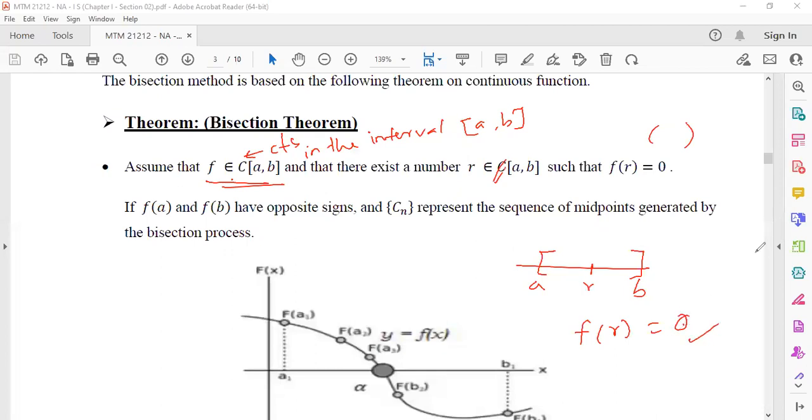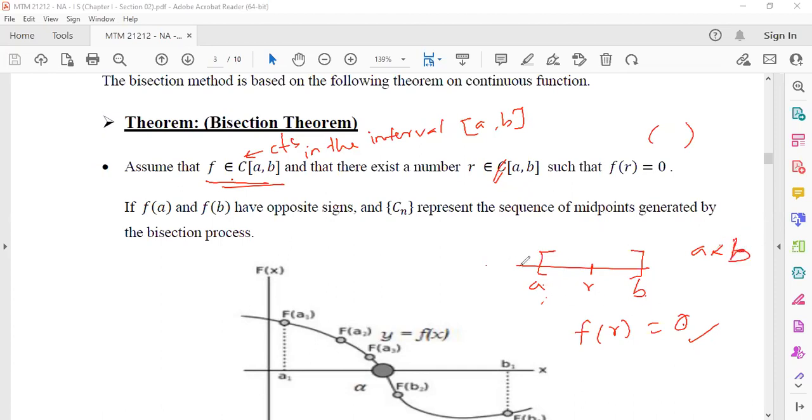We have seen this earlier also. So assume the function is continuous in this interval [a, b]. You know a is the starting point and b is the ending point. Here a is less than b.